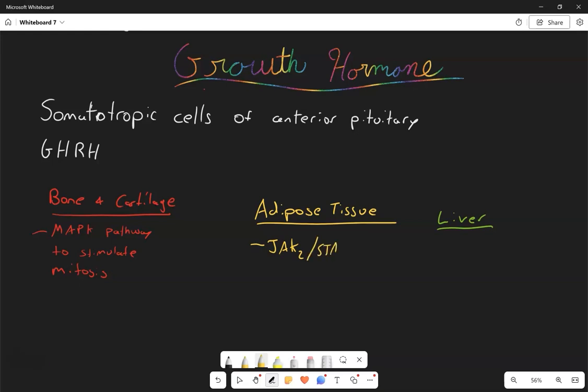So very similar to prolactin in mammary tissue, and this is going to lead to some transcription, translation. Eventually, it's going to lead to the release of free fatty acids. And those free fatty acids are basically going to lead to insulin resistance.